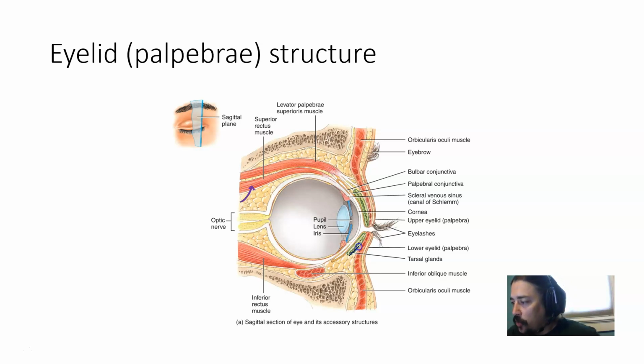You also have these tarsal glands. They secrete a substance that keeps the eyelids from sticking to one another. The conjunctiva loops back onto the inner surface of the eyelid to help keep it moist and keep it from sticking to the eye.